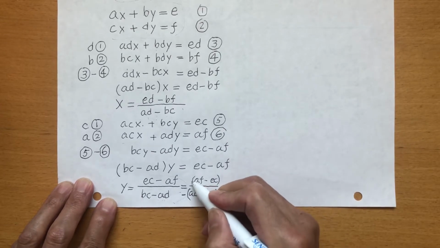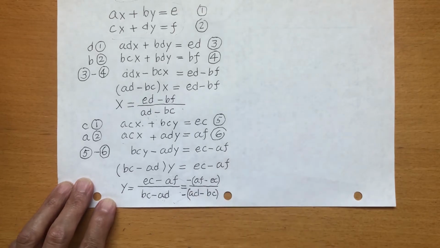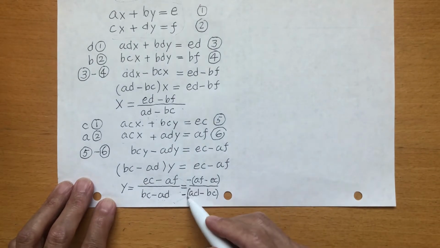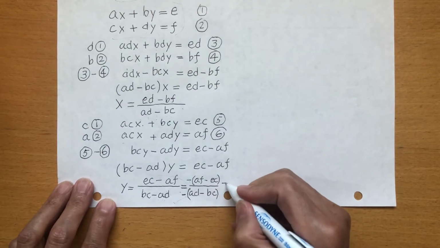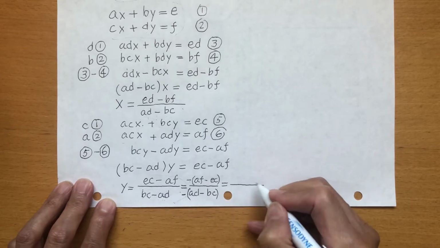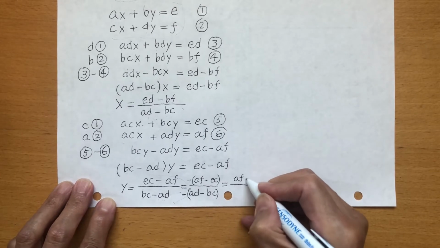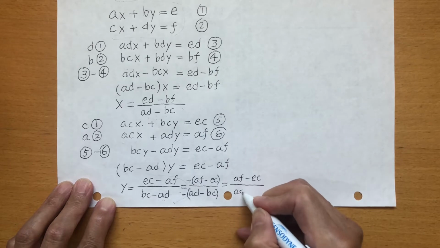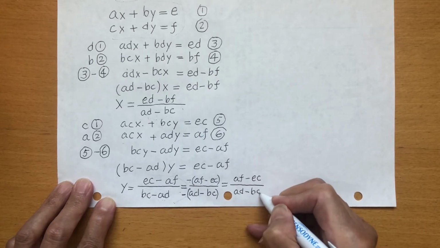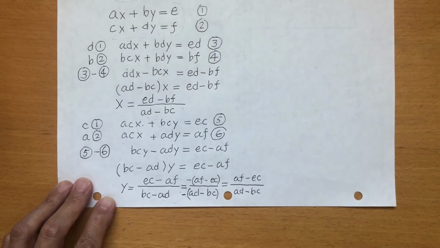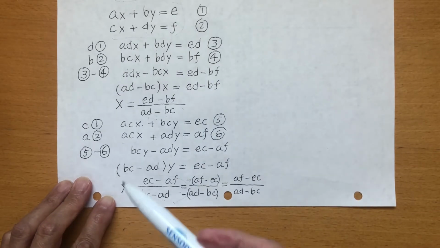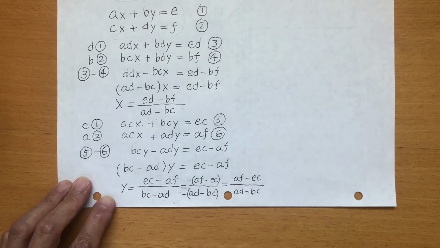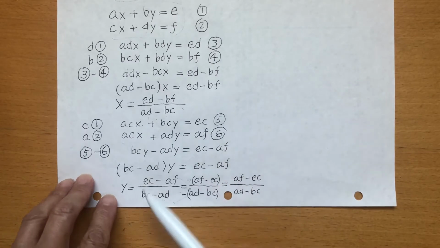Similarly, I need to put this in a bracket and have a negative sign before it. Then you see the negative sign on top and the negative sign at the bottom cancel each other. So I can rewrite it AF minus EC divided by AD minus BC. Now, the denominator of Y and the denominator of X are the same now.